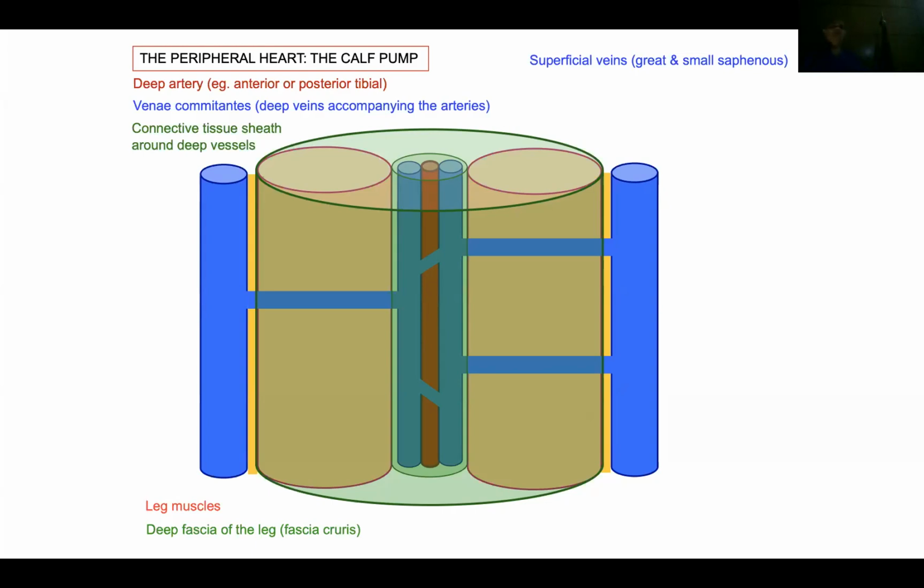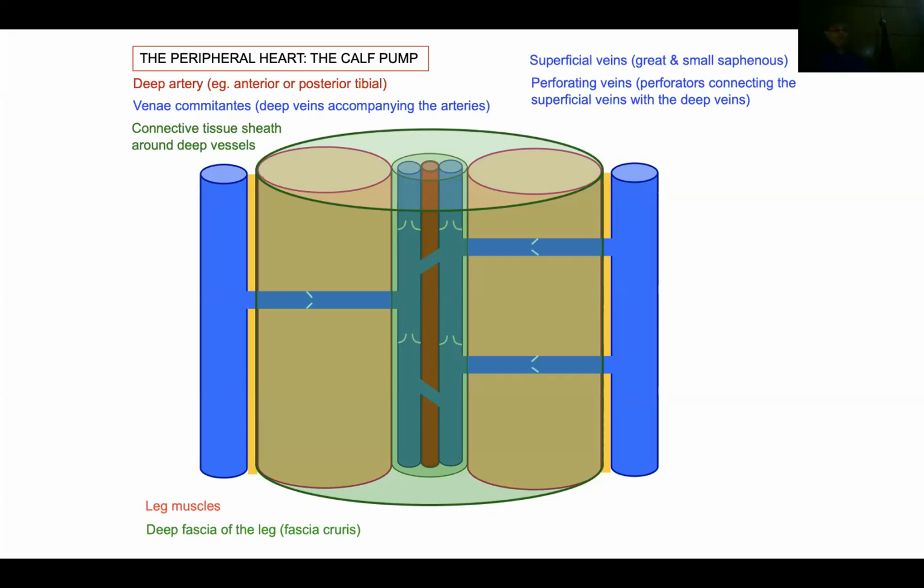So now, superficial veins are connected with deep veins. And then look at the valves which have been shown in these deep veins. Can you see them? They are only there to allow one-way direction. Thank you. So now what happens?